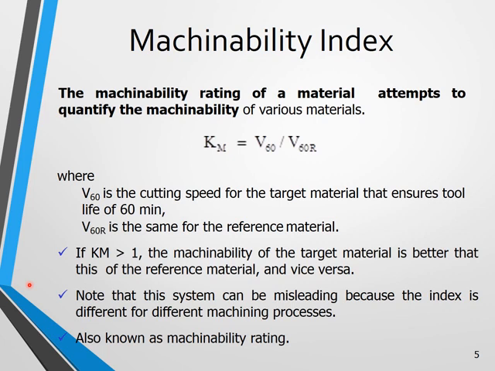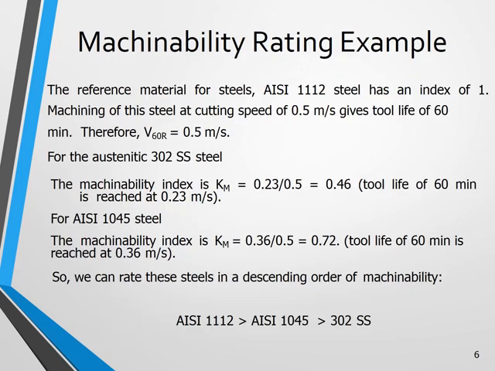So it can be misleading. While quoting a machinability index, we also have to refer to the reference material as well as the machining process. As I already told you, the machinability index is also known as machinability rating. Let us understand it with the help of an example.